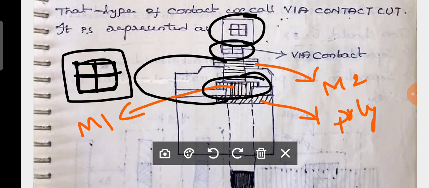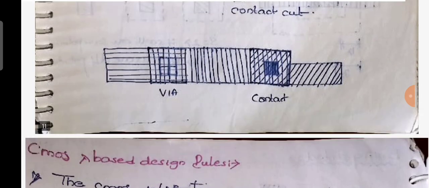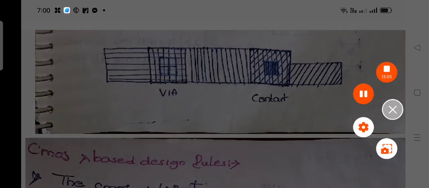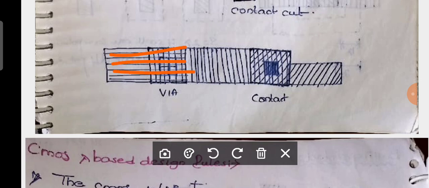If you want to see the other look, you can observe this other look also. This is metal 2, this is metal 1, and this is either polysilicon or diffusion.